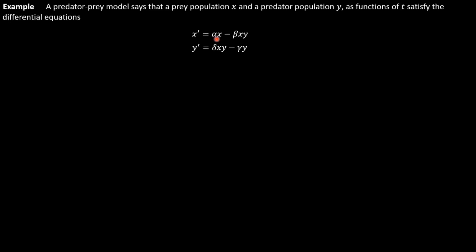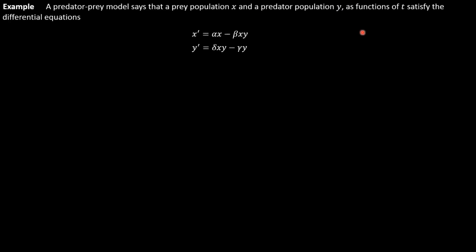But now suppose the predator population is not 0. Suppose it were something bigger than 0. Then what's going to happen is the predators will eat some of the prey. That's what predators do. And it makes sense to say that the amount of eating that's happening would be proportional to x times y.